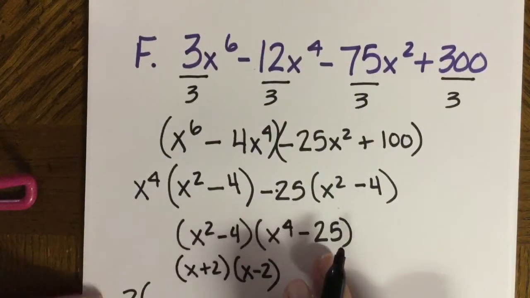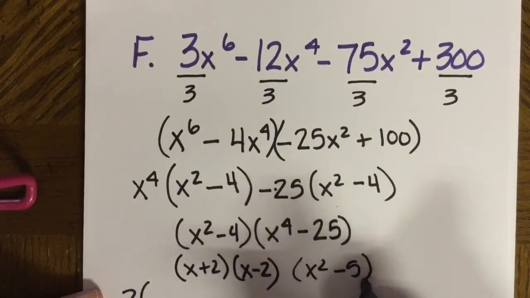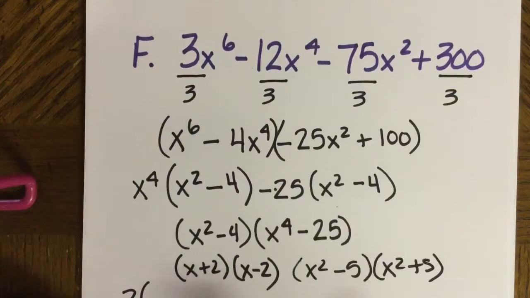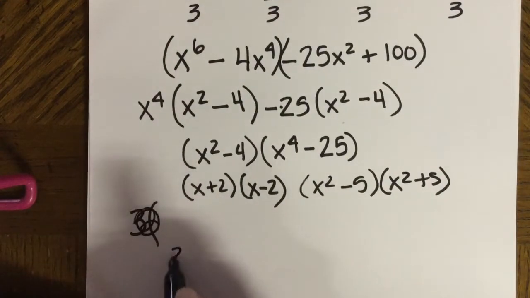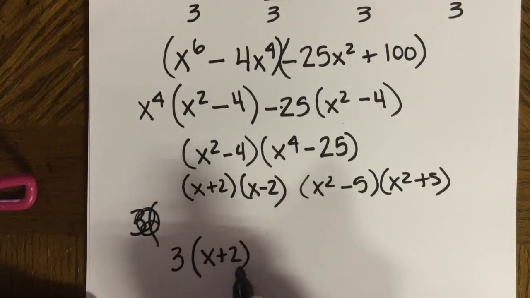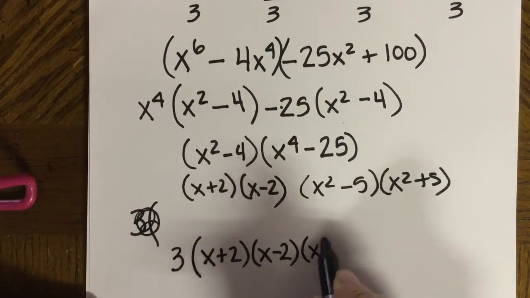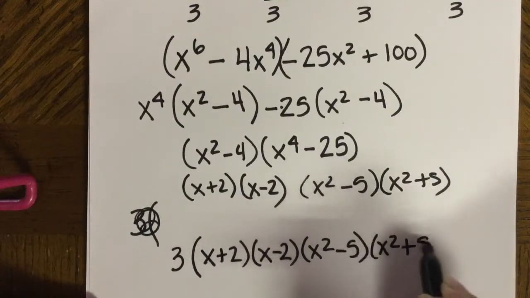And x to the 4th minus 25 becomes x squared minus 5 times x squared plus 5. So my final answer, I took out a 3, is 3 times the quantity x plus 2 times the quantity x minus 2 times the quantity x squared minus 5 times the quantity x squared plus 5.